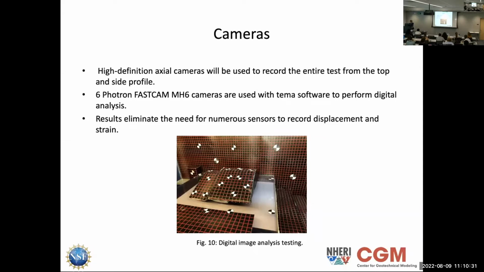As you can see in Figure 10, this is a test apparatus that Anna built. Using markers, you can place these cameras and it'll tell you how far something moves and how long it takes to move.